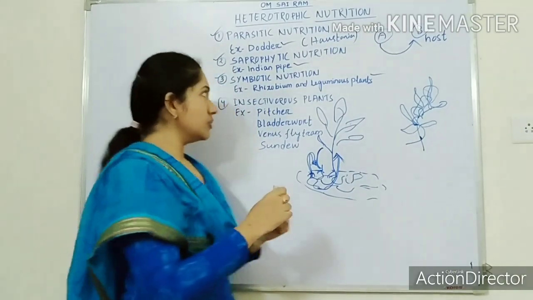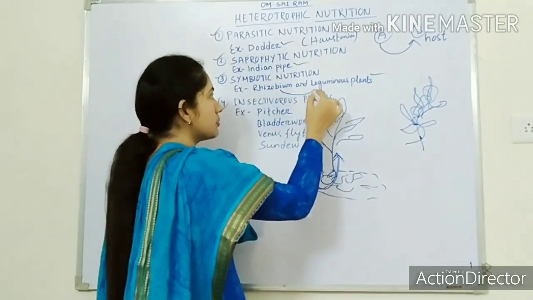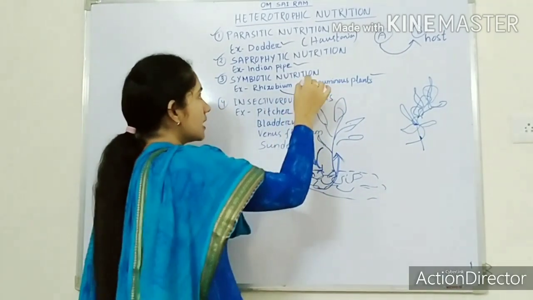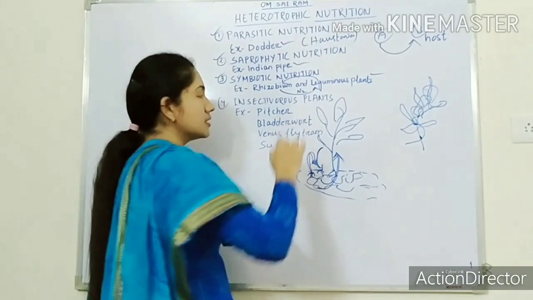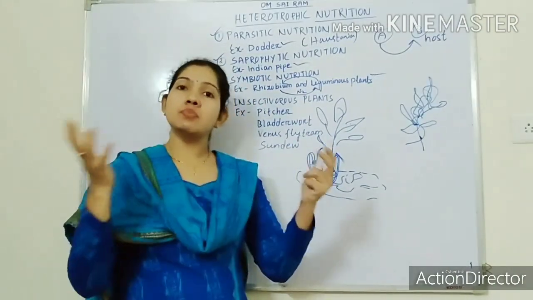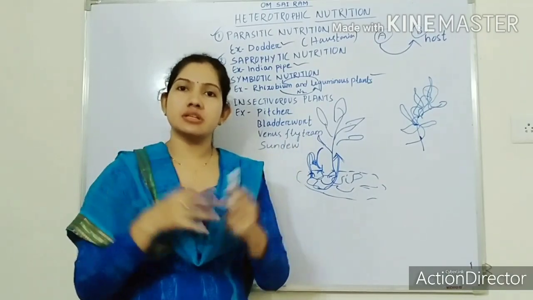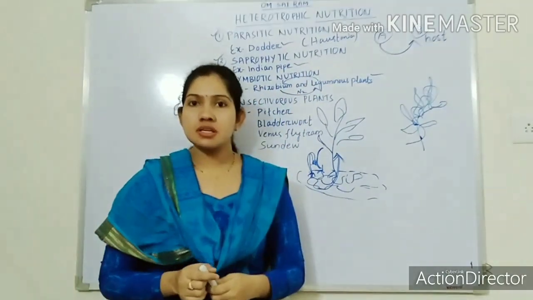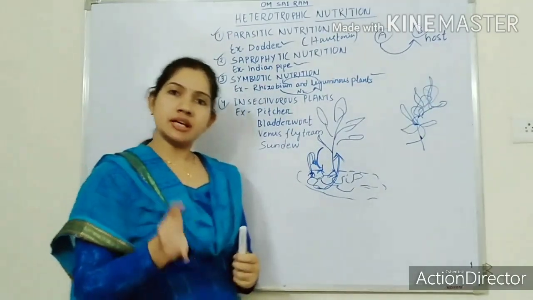So rhizobium will provide nitrogen to the leguminous plant, and this leguminous plant will also provide shelter to the rhizobium. So they both mutually benefit each other. Got it? This is the topic that we discussed, symbiotic nutrition.